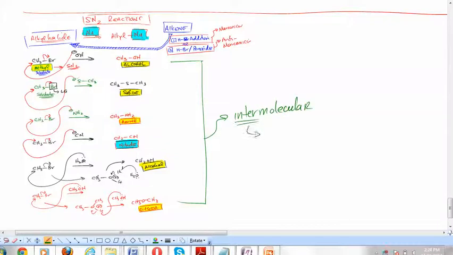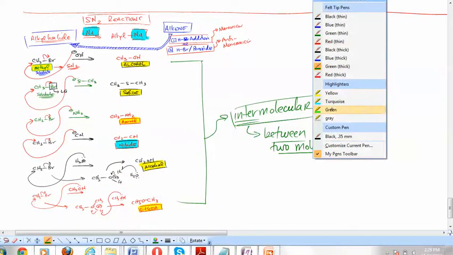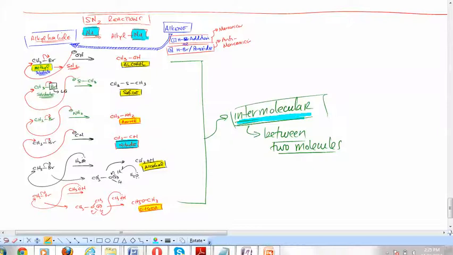Inter meaning between two molecules. Now, we're going to look at a scenario where the SN2 reaction is occurring within one molecule. And we call that intramolecular.